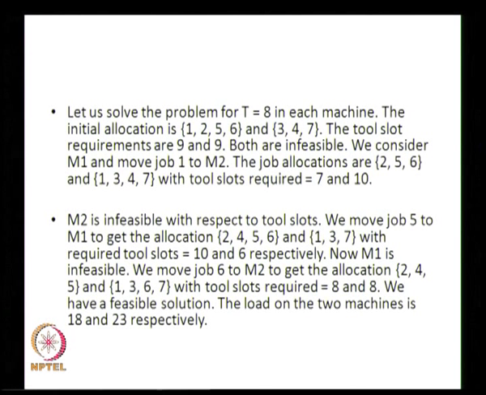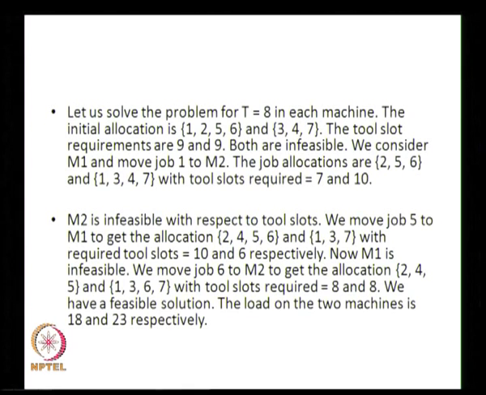The initial allocation is 1, 2, 5, 6 and 3, 4, 7 that we have. Now, we consider M1; both are infeasible. So we move job 1 to M2.